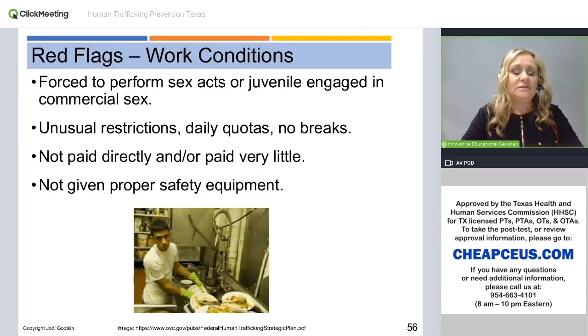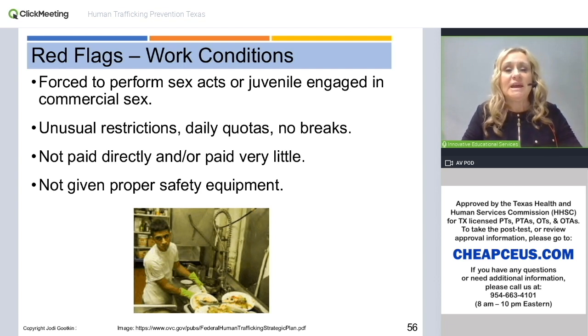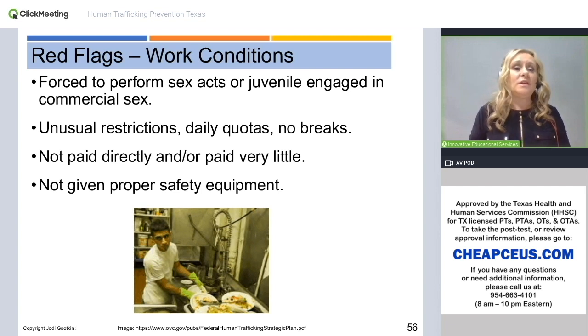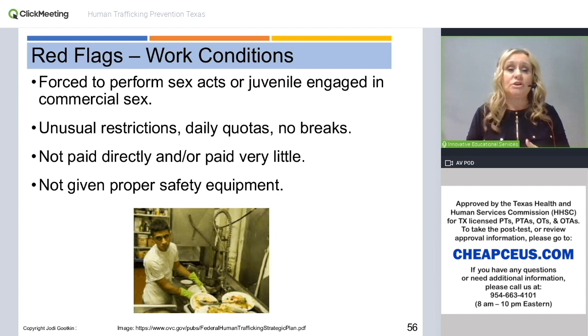When we look specifically at the work situations, we know some individuals, they're working for minimum wage. They don't have jobs that they love. They're mundane tasks. That is very different than human trafficking, where the individual is either forced to perform sex acts or they are working under conditions that are not in accordance with fair labor practices.